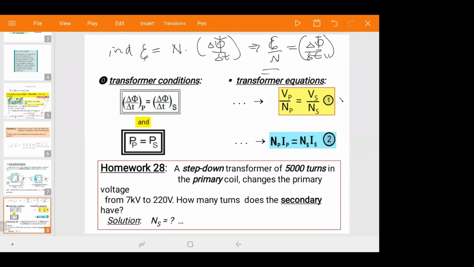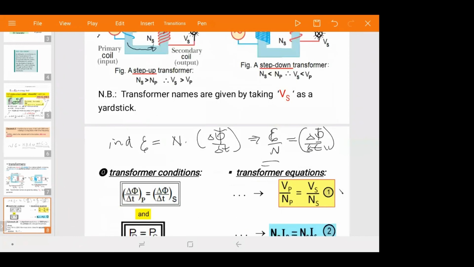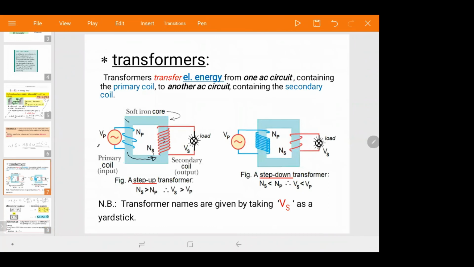So again, we go over to another equation, to another assumption. You see, we have also power. Since there is no loss of energy, energy means power times time. In the same time that the energy comes from here to here, the time cancels out.